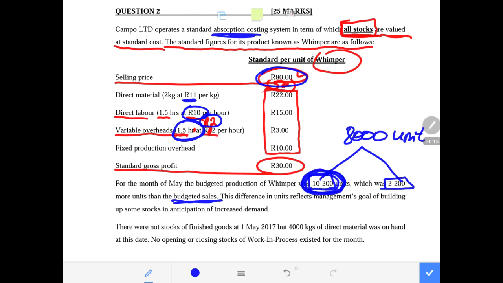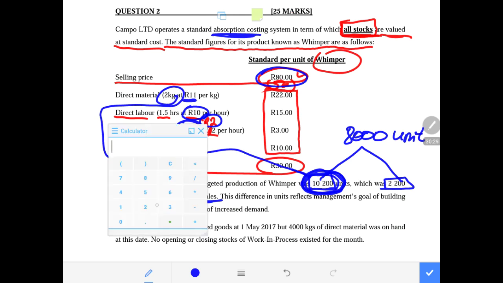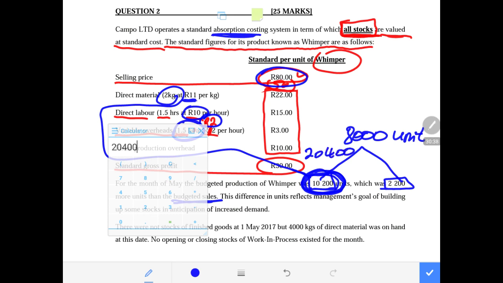So now we know that we manufactured 10,200 units, and the required kgs for these units is 2 kgs each. So the required kgs to manufacture 10,200 units will be 2 times 10,200, meaning we needed to budget 20,400 kgs of material, because each unit requires 2 kgs to be completed.